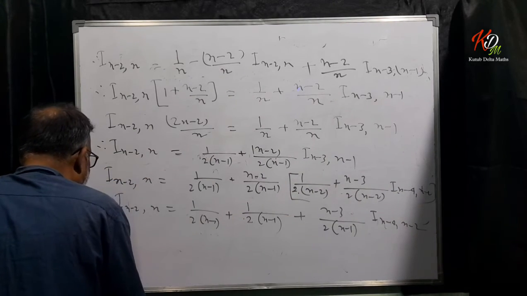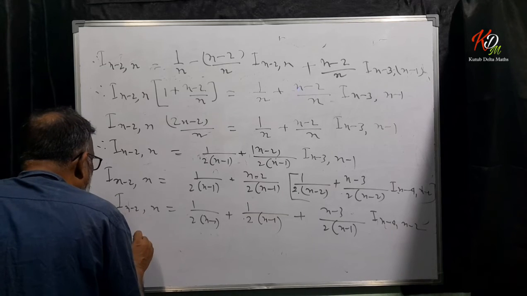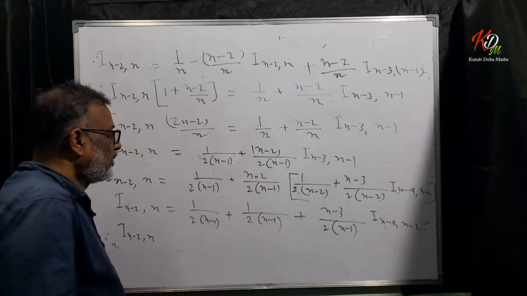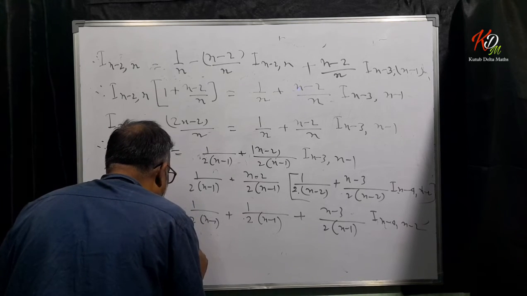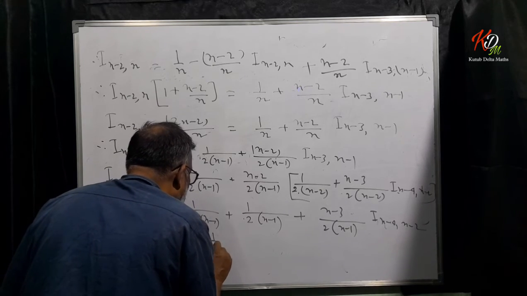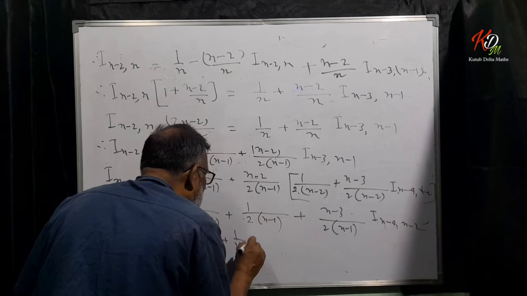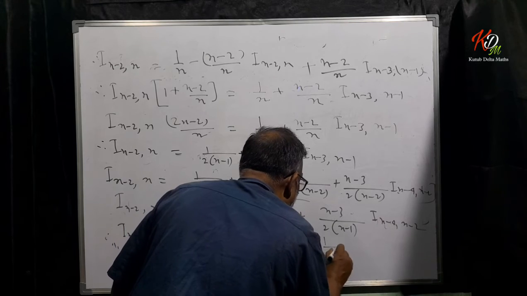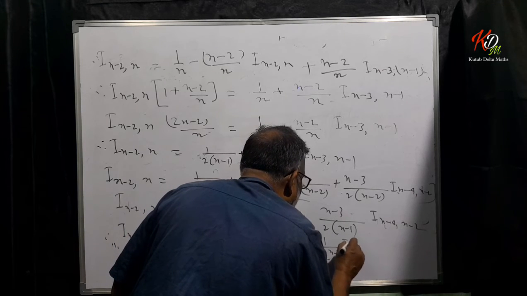So I n minus 2, n, now taking the step jump: 1 by n minus 1, 1 by 2, 1 by 2 square, 1 by 2 to the power n minus 2, 1 by 2 to the power n minus 2, I 0, 2.